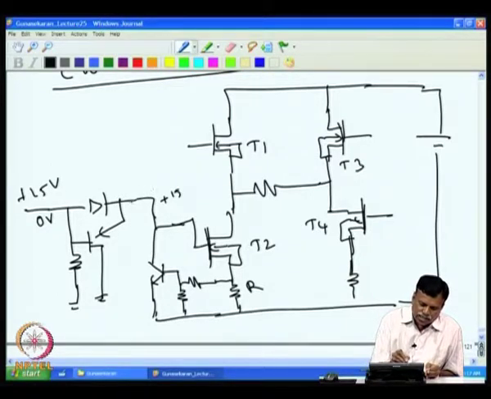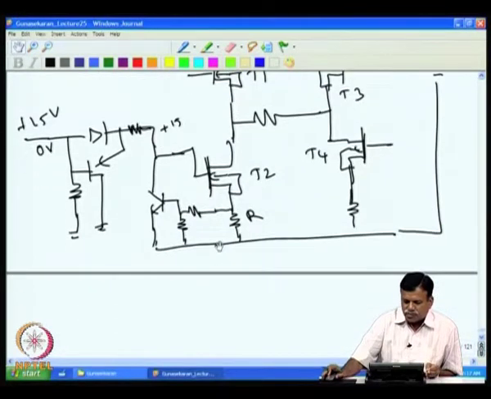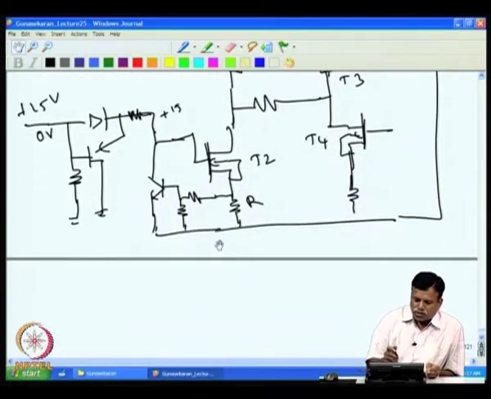Assume that I have a small resistance here. The voltage drops such that you will always have 0.6 at this point, and then this transistor T2 will be taken to a linear region. This is a conventional linear regulator current limiter.